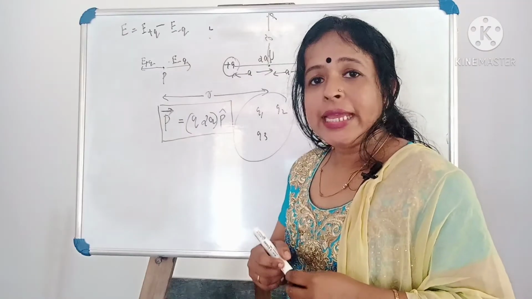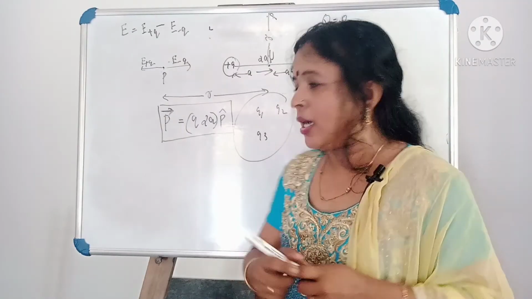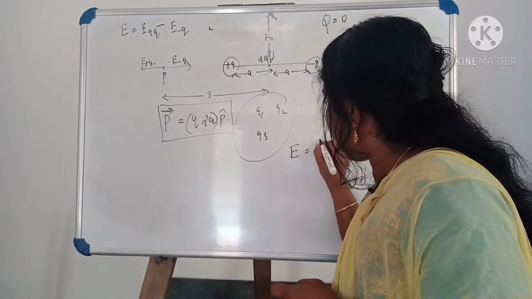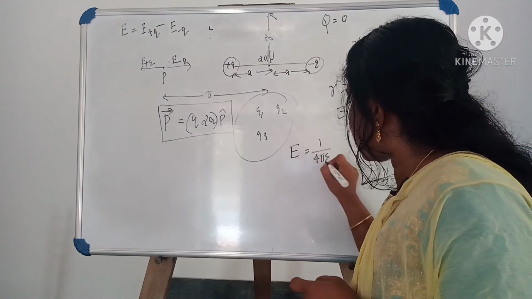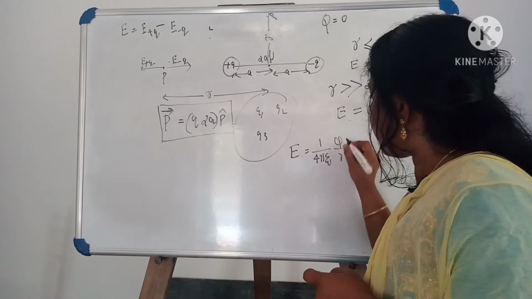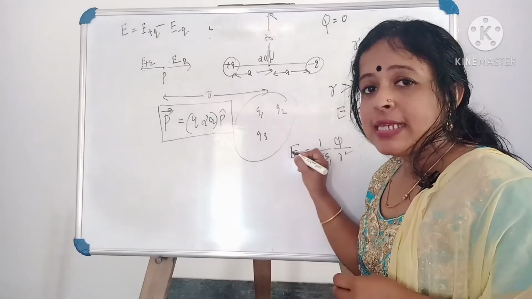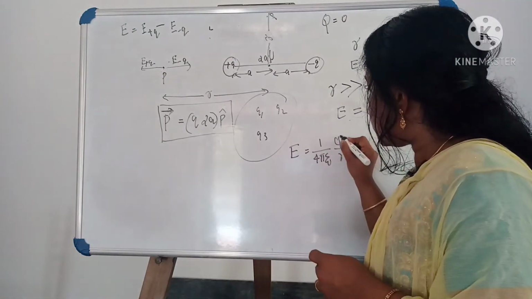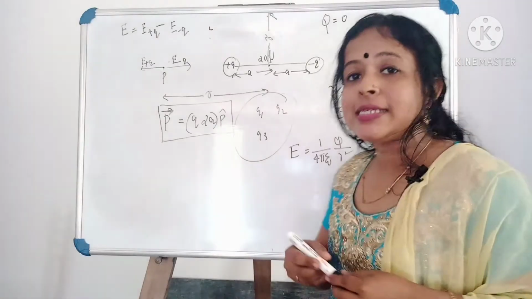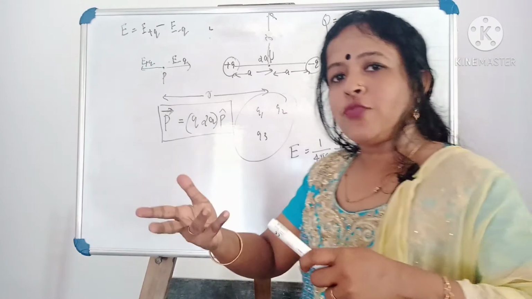We know that the electric field due to a single charge is equal to 1 by 4 pi epsilon 0 times Q by r square, where Q is the source charge. Electric field intensity depends upon the source charge, not on the test charge. What is an electric field?